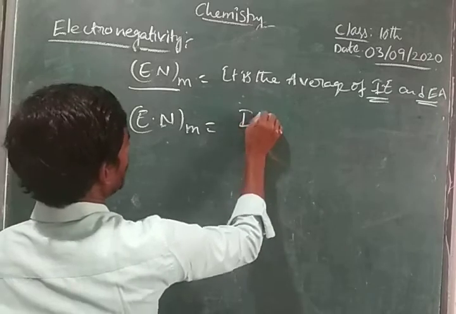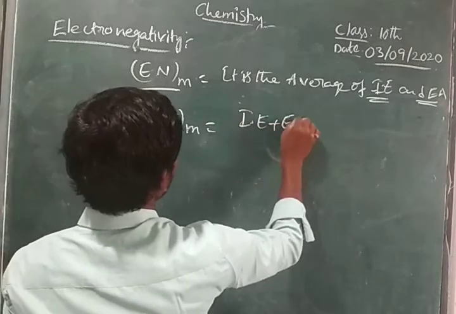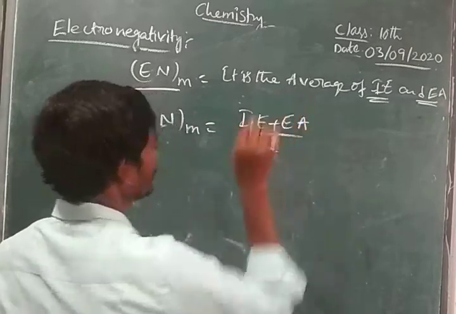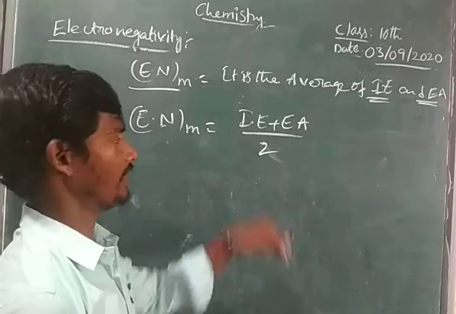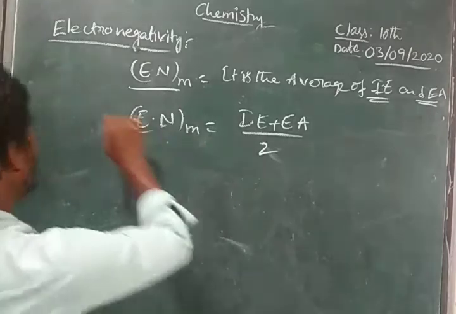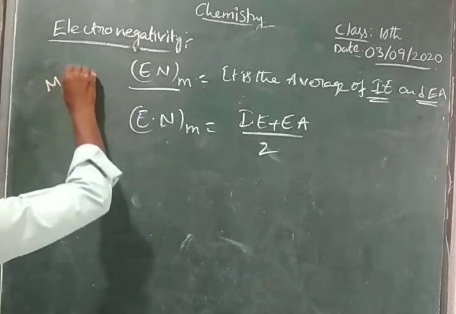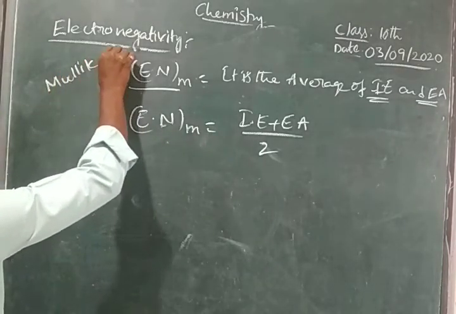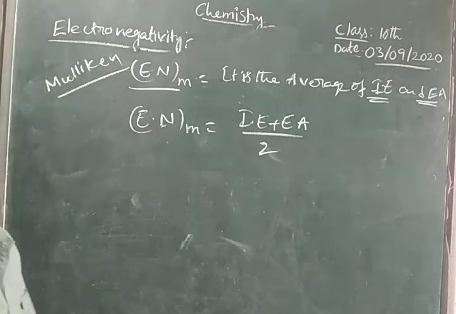That means ionization energy plus electron affinity by 2, IE plus A by 2. This statement was given by Millikan. This is the scale we consider as the Millikan scale.